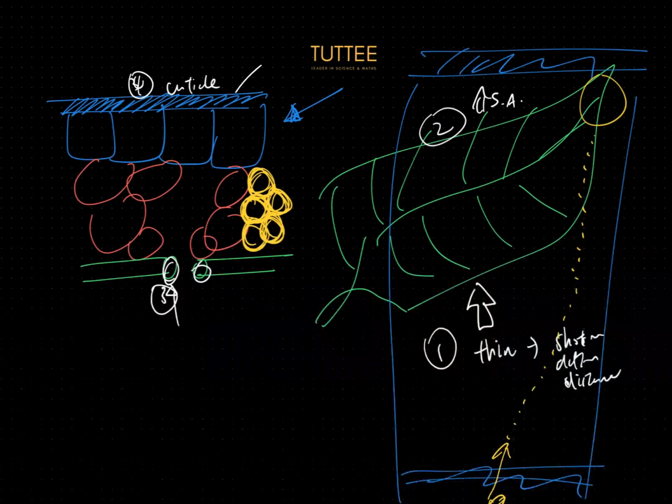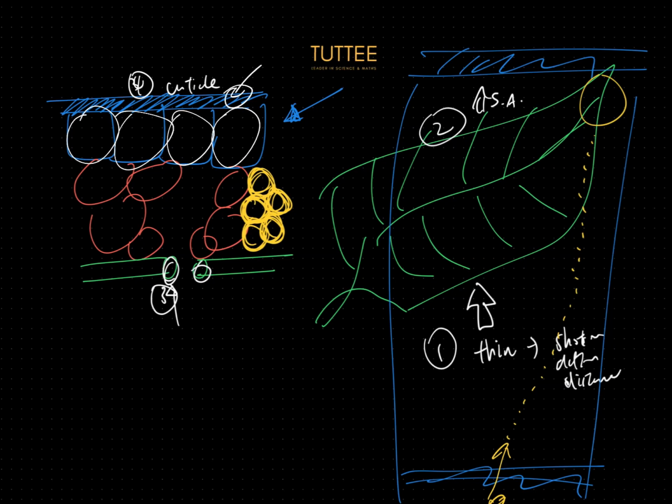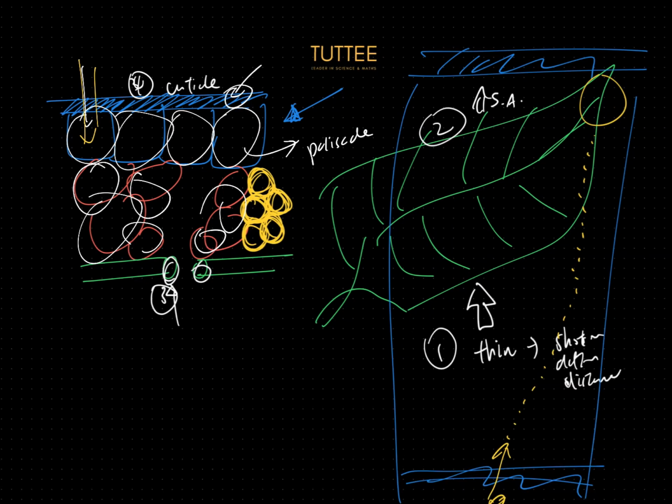And also, for your reference, these cuticles are basically transparent. Why? Because underneath are what we call, I hope you remember, the palisade mesophyll. These are the spongy mesophyll. The palisade mesophyll cells are closely packed, because that's where they are exposed to the sunlight, correct?